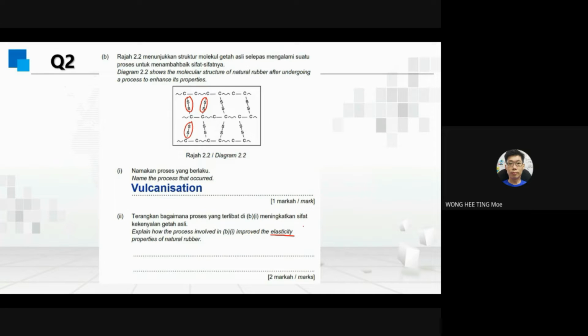Ability to return to its original shape or original length. Okay, that is one. It has another one beside this one.